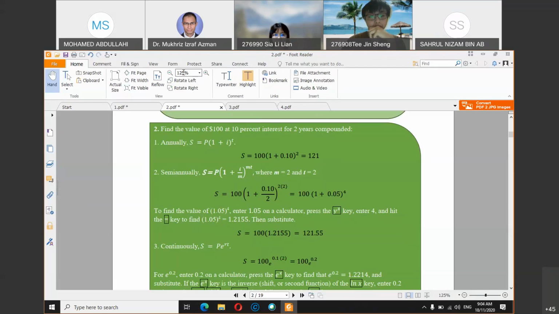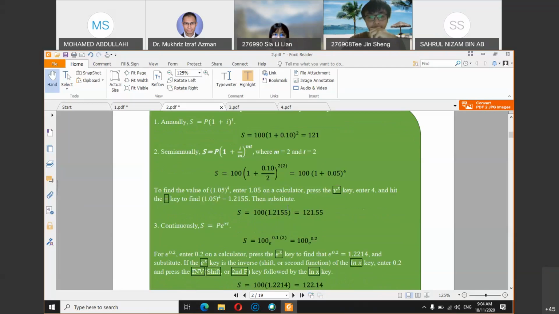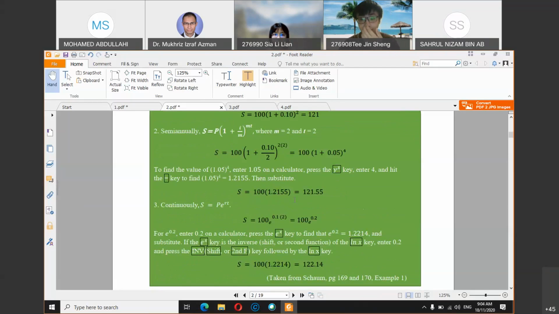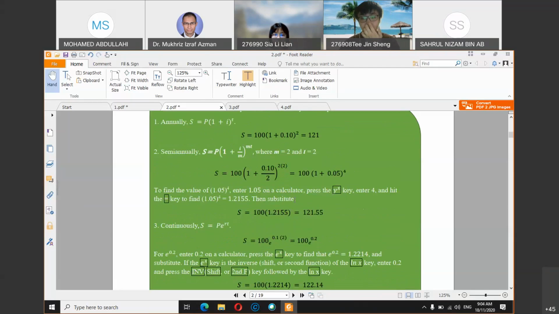So we get 100 times 1 plus 0.1 divided by 2, to the power of 2 times 2. So we get 100 times 1 plus 0.05 to the power of 4. So we get the answer 121.55.